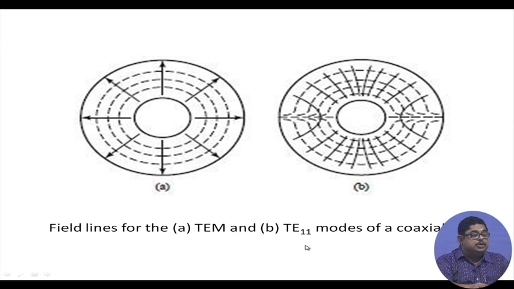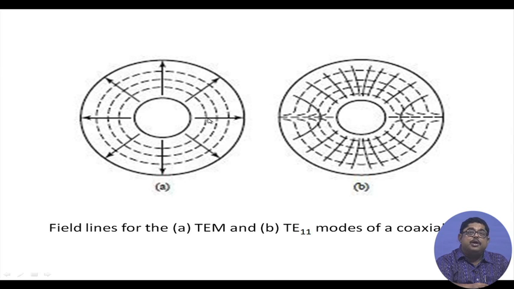Okay. So, this is the TEM field lines. You see the electric fields are these solid lines. As we have seen, they are radial. So, this is the inner conductor, this is the outer conductor. You see from inner conductor to outer conductor everywhere, it is radially outward directed, and the magnetic field is the circular lines. So, at this point what is the magnetic field? You need to take a tangent to that, because these are actually field lines.